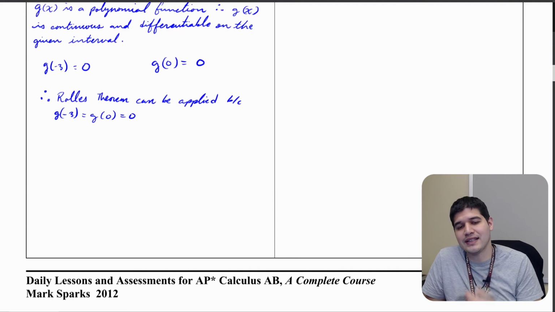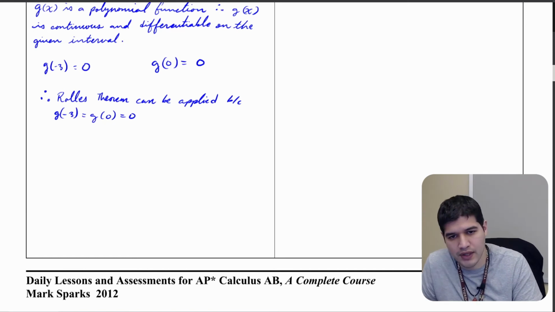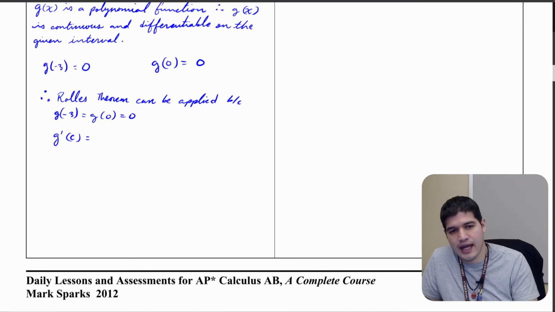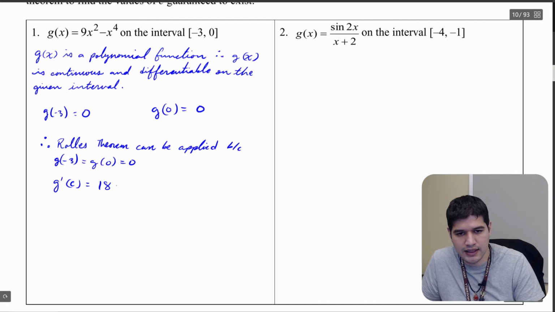Okay, so what's the next step into finding that guaranteed value? Well, we need to find g prime. So let's find g prime of c, and just replace all those x values with c. We take that derivative, and we're going to get 18x minus 4x cubed.